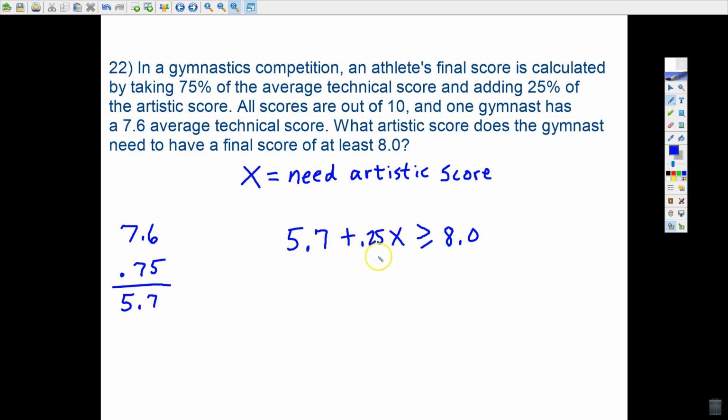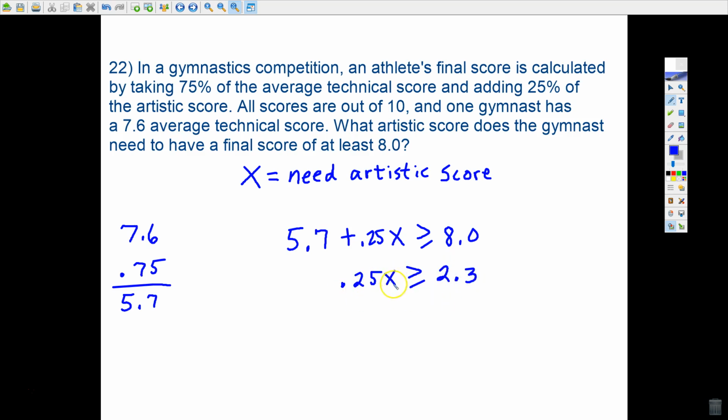So let's solve for x. 0.25x is greater than or equal to, and now you're going to grab your calculator if you need to, and let's do 8.0 minus 5.7, and that's 2.3.